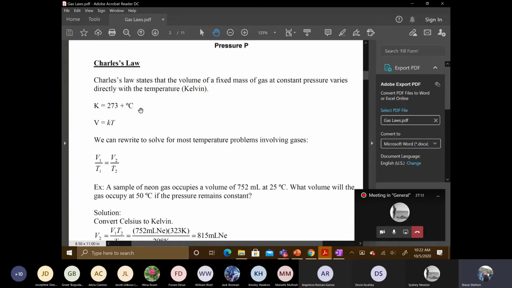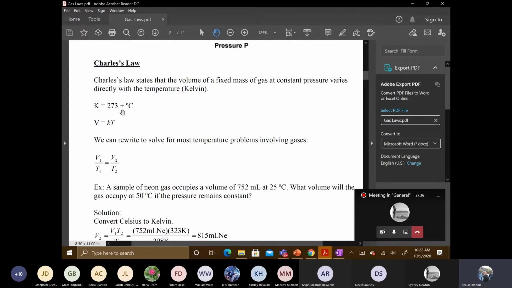Now, one detail that you have to make sure you make a note of here, the most common mistake that you're going to see and possibly make, is converting your Celsius into Kelvin. You should always convert your temperature into Kelvin in your gas chapter, no matter what. You should do that naturally on your own, but you need to really make sure that your temperatures are in Kelvin.